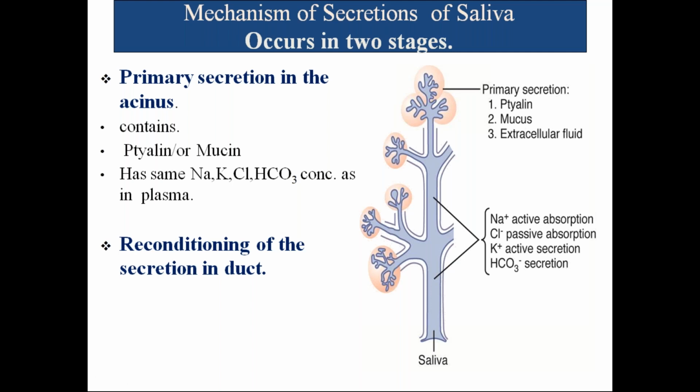So in primary secretion, again depending upon whether you are talking about the parotid gland, submandibular gland or the sublingual gland. So here this is basically showing you secretion of both ptyalin and mucus. So you could say it's the mixed secretion, which is the submandibular secretion.